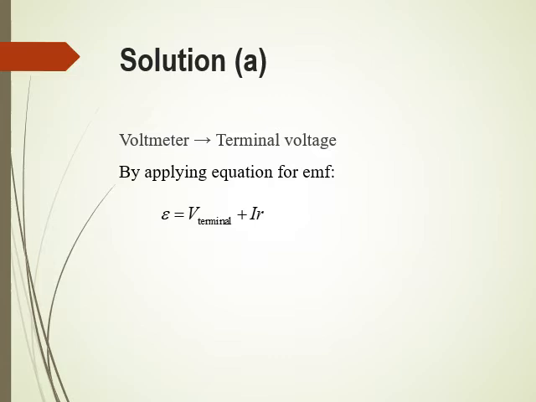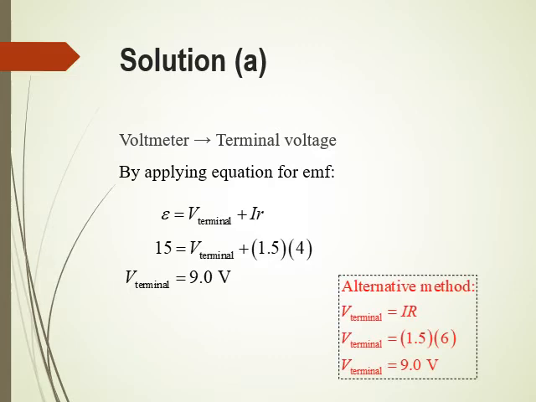Substitute the values into the equation and you will obtain V terminal equals 9 volt. Alternatively, you can also determine V terminal by using IR, where this R is the external R, and you will still obtain V terminal equals 9 volt.